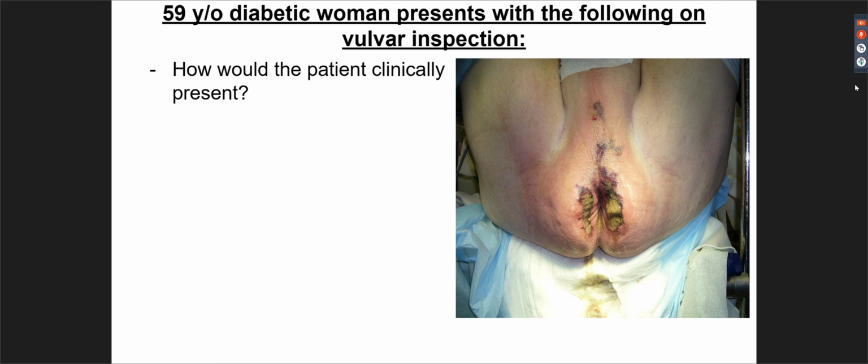It's kind of hard to tell, so I assume that's the introitus there, but she's got these macular lesions bilaterally with some ecchymosis. That is what I'm able to discern from the photograph.